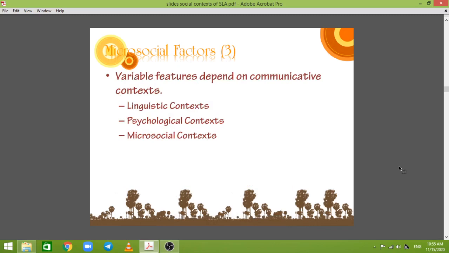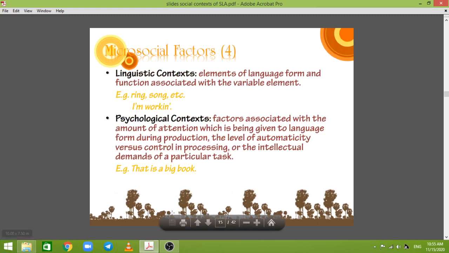Variable features depend on communicative context. They are linguistic context, psychological context, and micro-social context. For linguistic context, elements of language form and function are associated with the variable element.